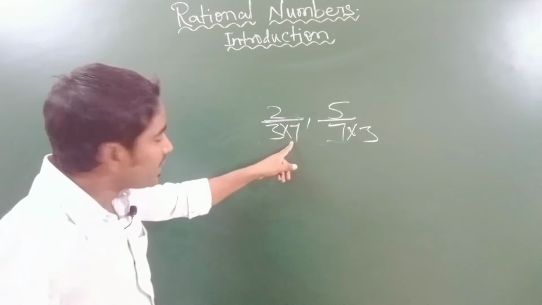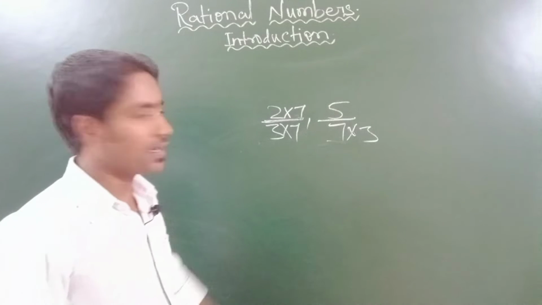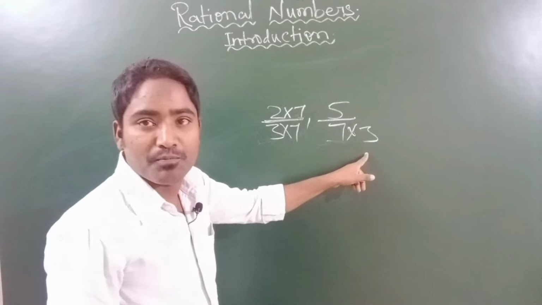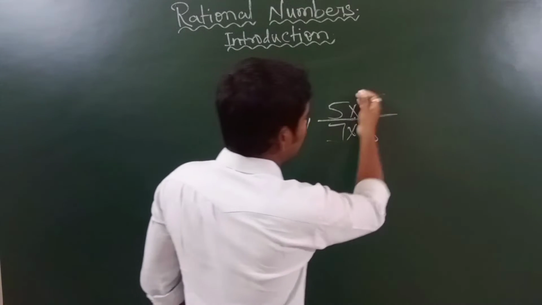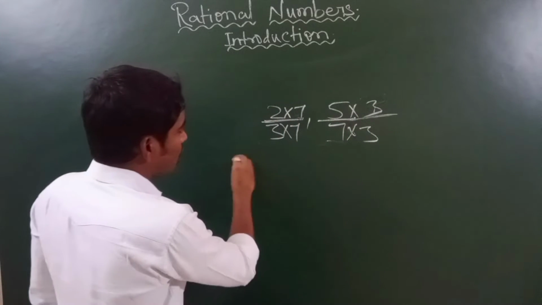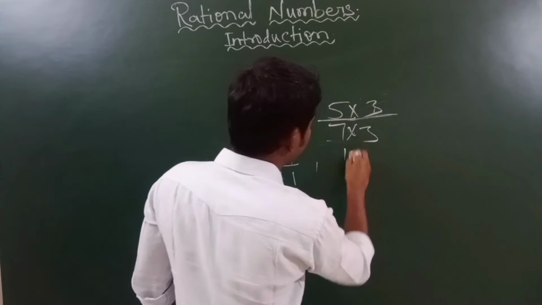Now here at denominator, since you multiplied by 7, so at numerator also you multiply it by 7, and here since you multiplied the denominator by 3, so multiply the numerator also by 3. Okay, now see here how much we will get here, 14, and here 21, and here 15, and then here 21.